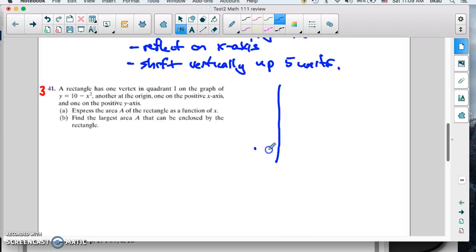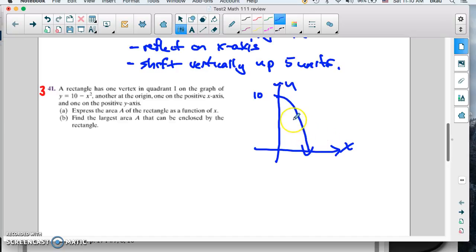Okay, so we have an x and a y-axis. We have a parabola that looks like an x squared, but it's flipped over, so it goes down like this instead of up because of the negative, and then 10 is added to it, so it's shifted up to 10 up here, and it travels like this.